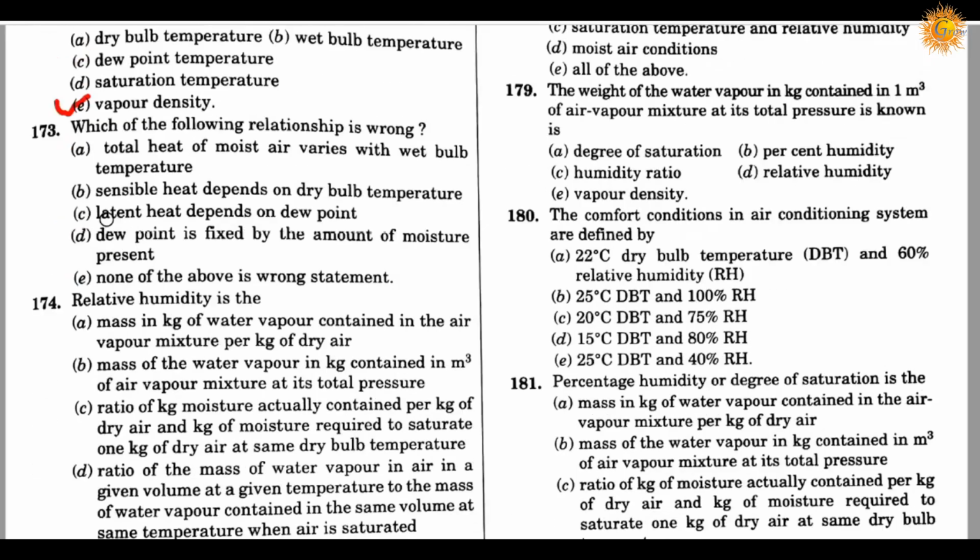Question number 173. Which of the following relationships is wrong? Option A, total heat of moist air varies with wet bulb temperature. Option B, sensible heat depends on dry bulb temperature. Option C, latent heat depends on dew point. Option D, dew point is fixed by the amount of moisture present.